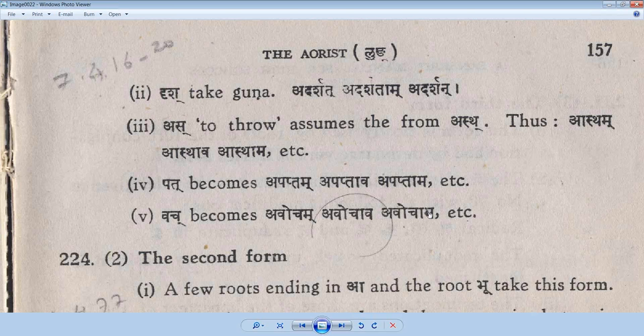So basically once you get avochat, with the same template as you got in the bhvadi ganaha, apatat, apatatam, tas-thas-thamipam tam tam tamaha, you get avochat, avochatam, and avochan because of jhonta and itascha, sanyogantasya lopaha, and ato gune. So nothing special, no new rules.